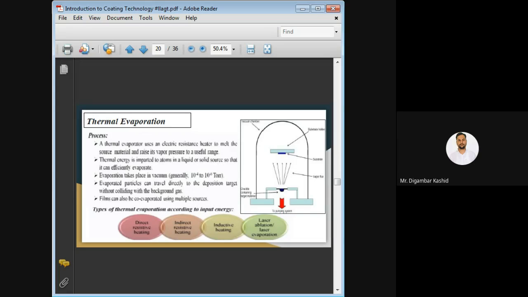That process occurs slowly, and slowly it deposits on top of your substrate.